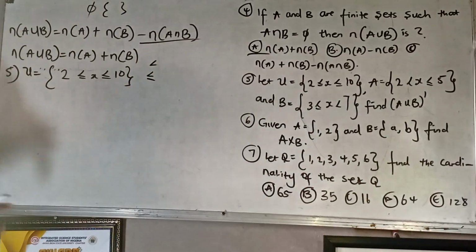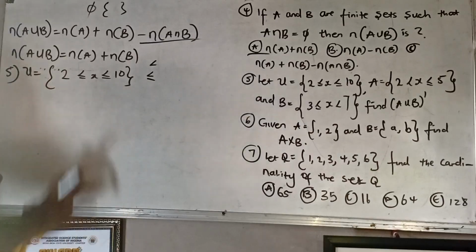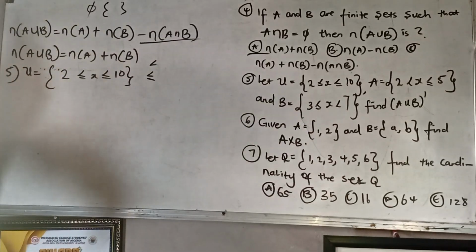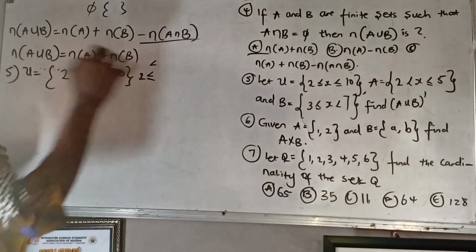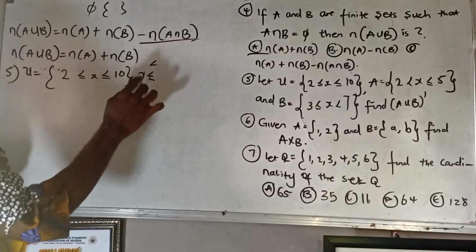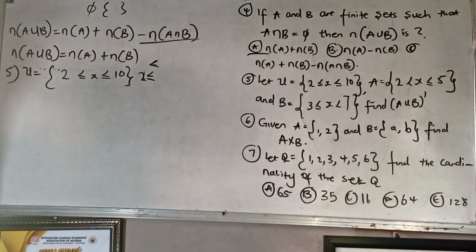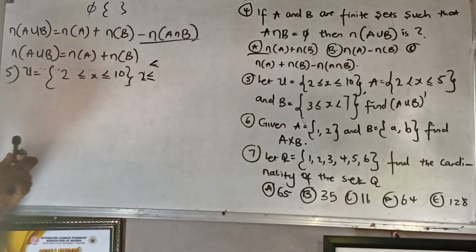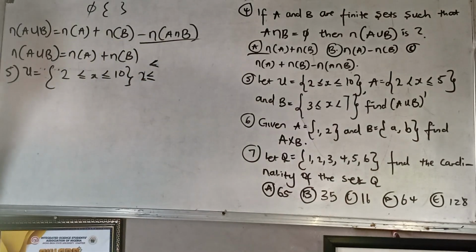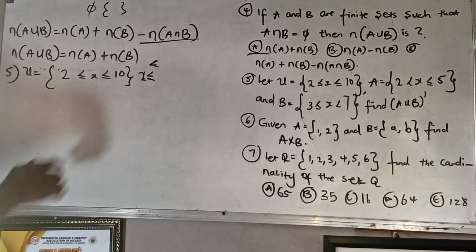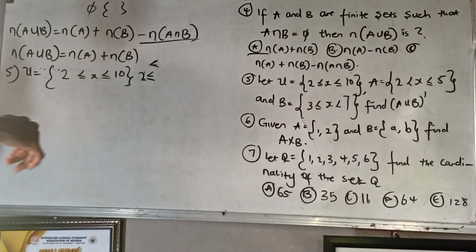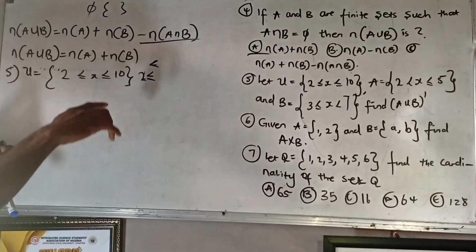Let me emphasize: in the expansion that we are going to do, 2 is included with this sign. But if it is this one, it means that 2 is excluded. I'm using two English words there, included and excluded.